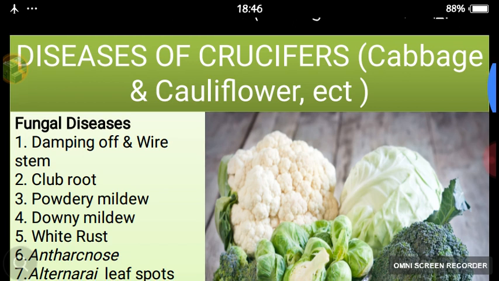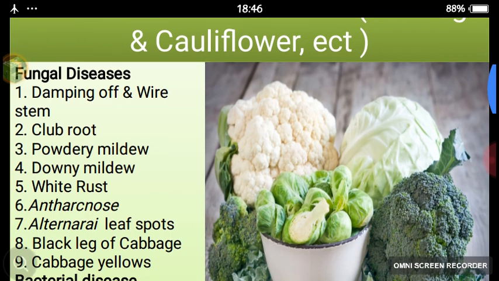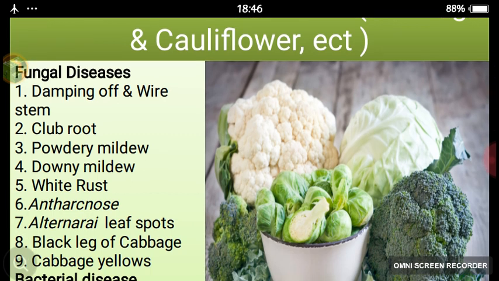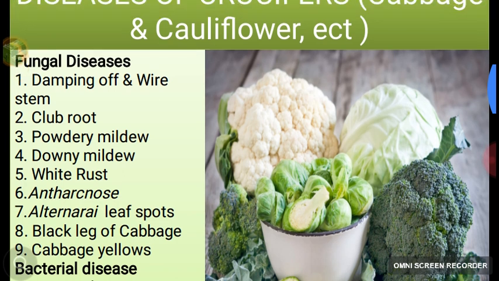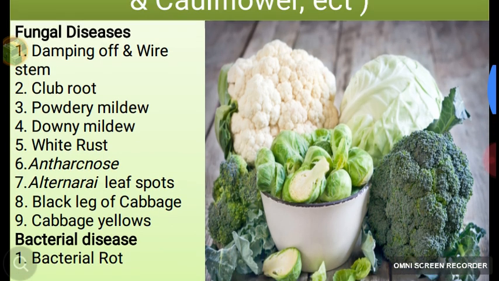Clubroot caused by Plasmodiophora brassicae, powdery mildew caused by Erysiphe polygoni, downy mildew caused by Peronospora parasitica. White rust, Albugo candida, anthracnose caused by Colletotrichum higginsianum. Alternaria leaf spot caused by Alternaria brassicae. Black leg of cabbage caused by Phoma lingam, cabbage yellows, and bacterial rot caused by Xanthomonas campestris.